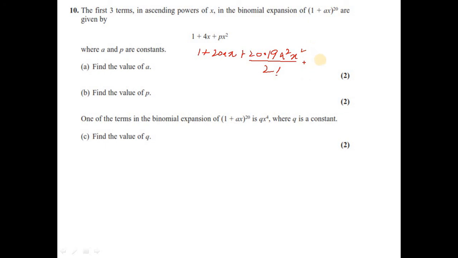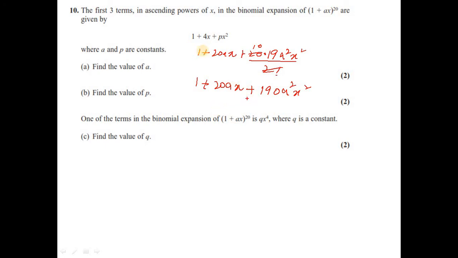I don't need to write the third one because we are given only 3 terms in the expansion, so these 3 terms are sufficient. First we need to simplify this. 2 factorial is 2, so 2 and 20 cancel, you have 10. So you can rewrite 1 + 20ax + 10 times 19, which is 190a²x².